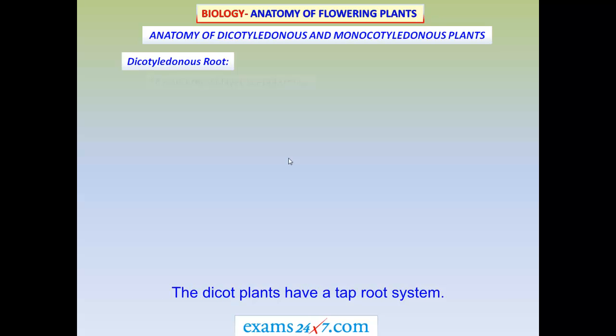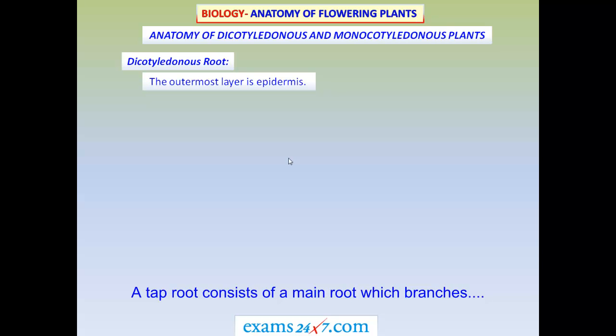The dicot plants have a taproot system. A taproot consists of a main root which branches, forming secondary roots, which further branch into tertiary roots, and there are further branches, whereas in the case of a monocot, the plant exhibits a fibrous root system.